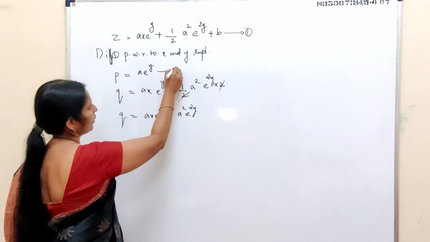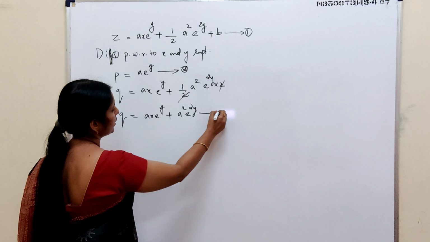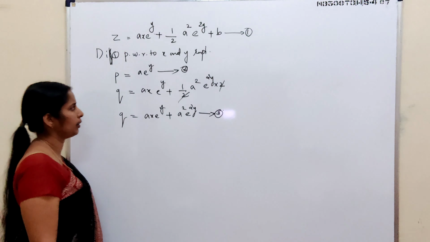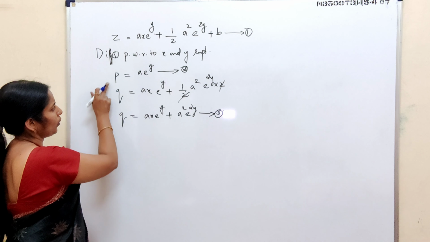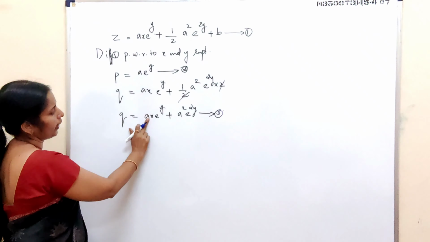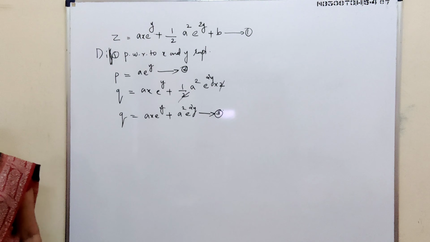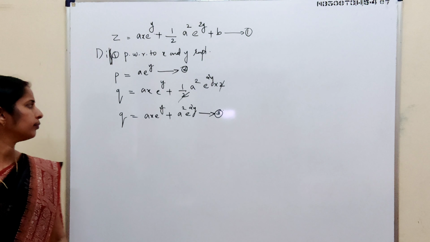Next, you try to think of an equation which is free from the arbitrary constants a and b. Here what is a e^y? a e^y is p. You put a e^y as p in this equation. Then you can see it is an equation which is independent of a and b.